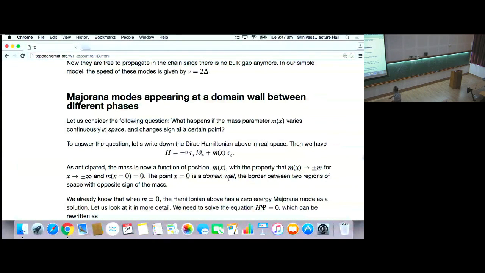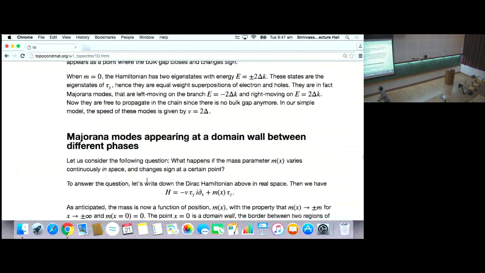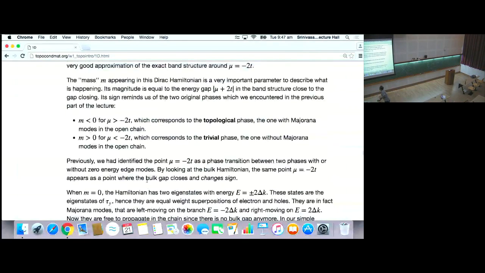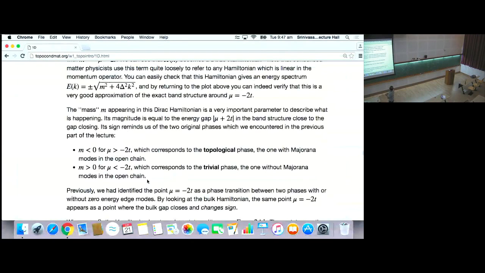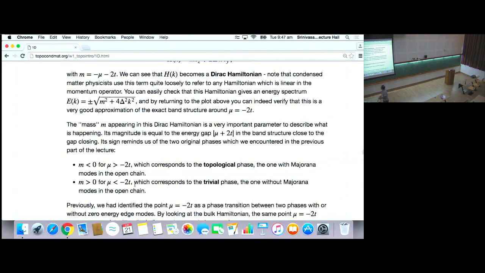And the mass, if you remember, if you go back a second, the mass was basically 2t plus mu.